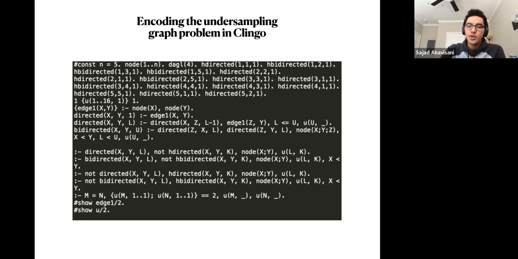So if you remember, I said that when we use curly brackets, we use choice rules, we will have multiple stable models because each of them could exist or could not exist. So here, if you have edge in a curly bracket, it means that among all the edges that we have from any x to any y, it could exist or it could not exist.